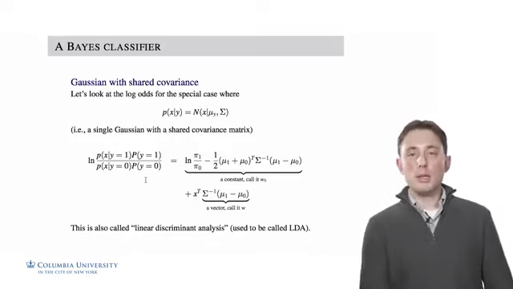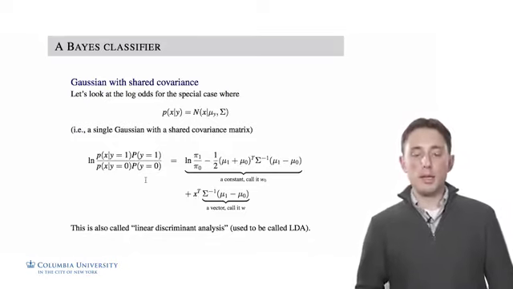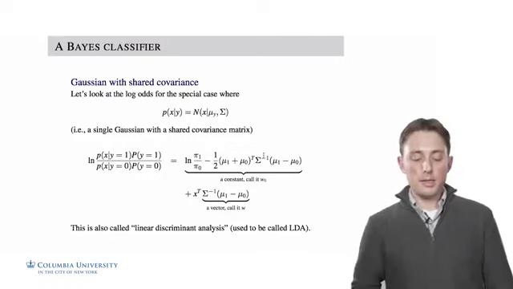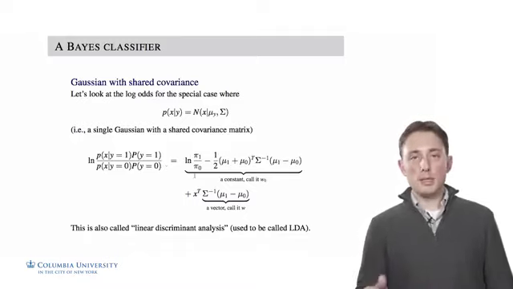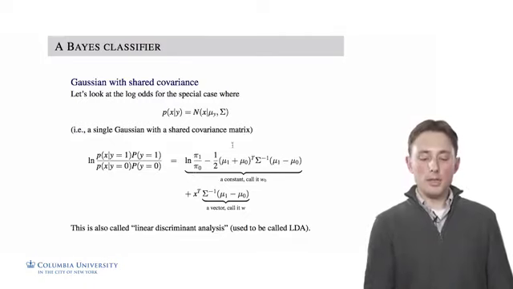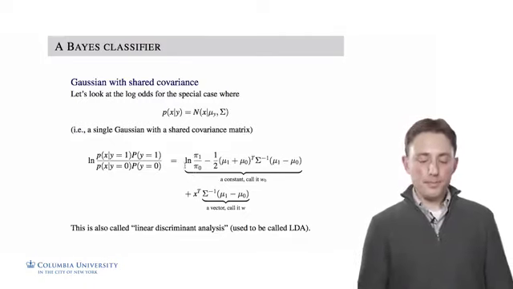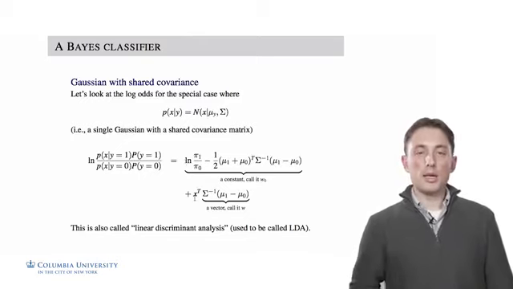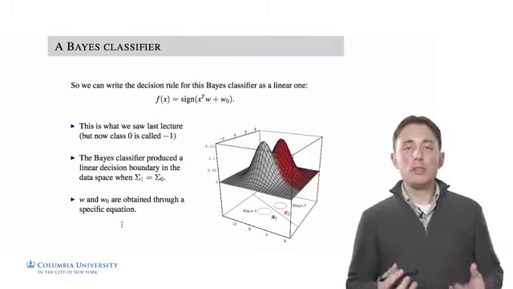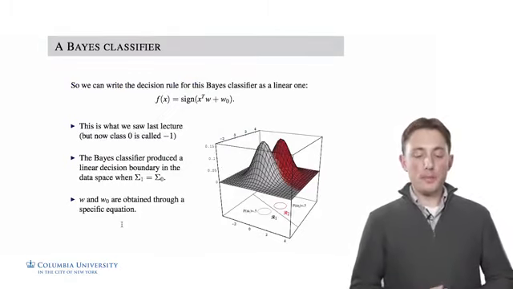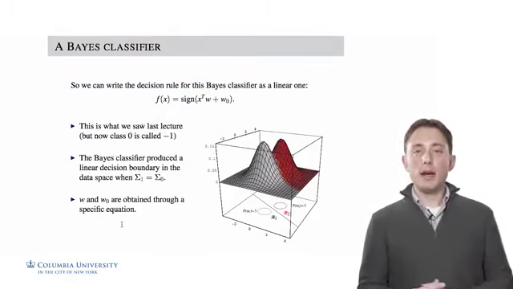This is something that you can calculate yourself by plugging in these values and verifying that the log odds declares class +1 if this is positive, class 0 if this is negative, where we have w0 plus the dot product between x and some vector. Okay, so we can write the decision rule for this particular Bayes classifier in this way.